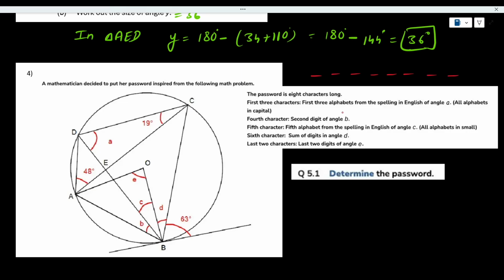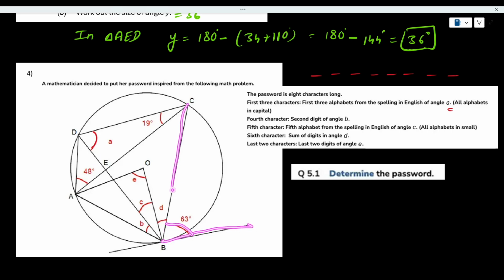Now the first 3 places are the first 3 alphabets from the spelling in English of angle A. If you look at angle A, because here there are many unknown angles, I'll take this angle and see its arms. I understand it is made by chord AB. Now this angle has one tangent also, right?